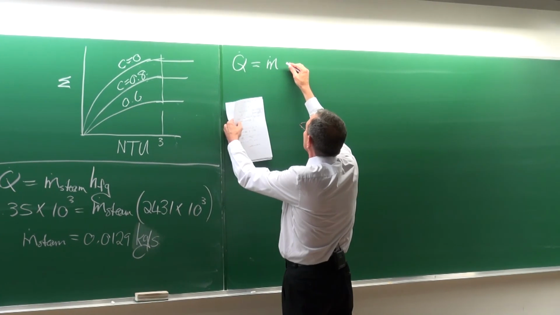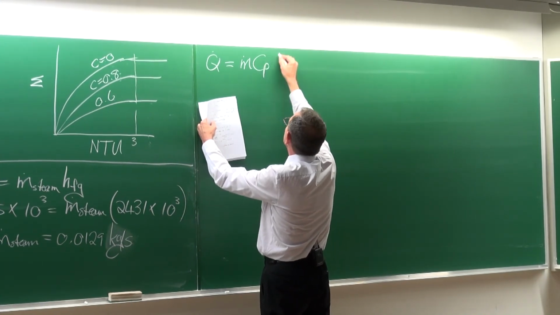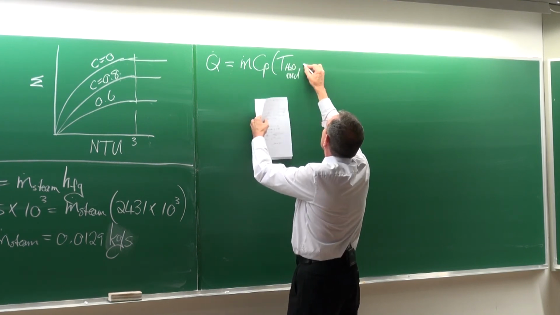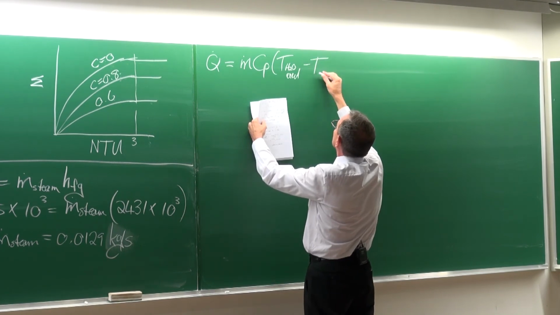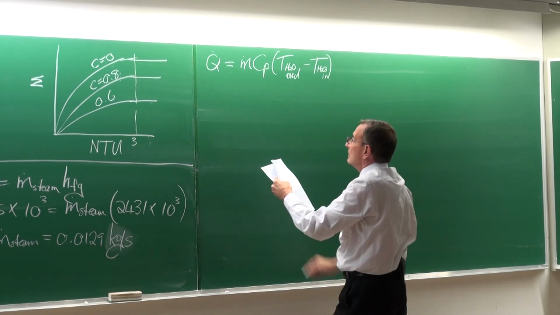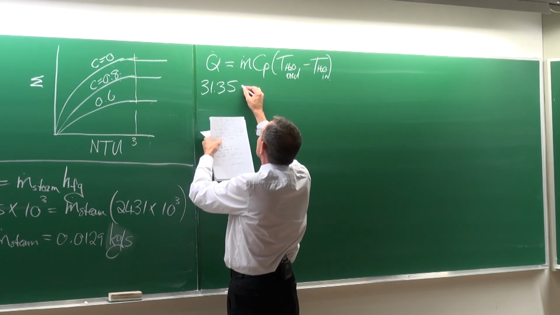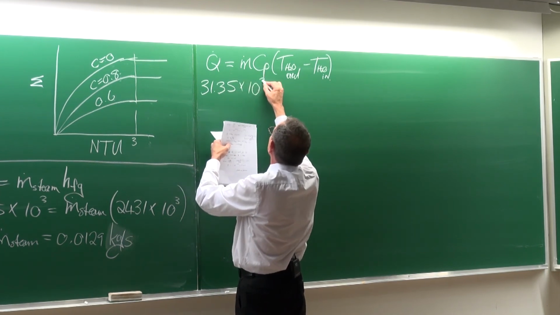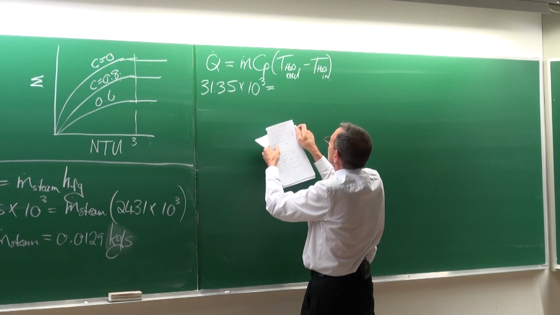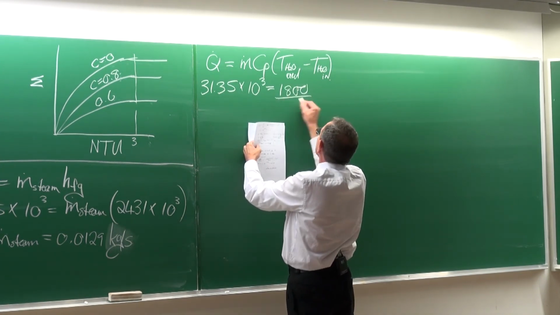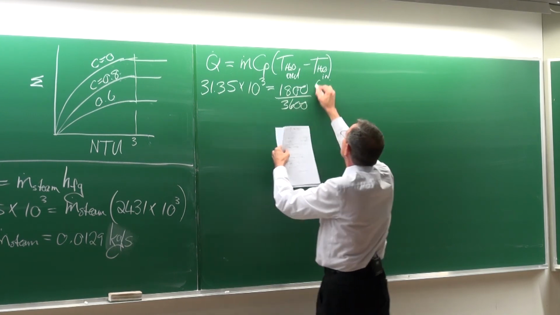And then lastly, let's go and check the outlet temperature of the water. The heat transfer rate of the water would be m dot Cp, and then it would be the water outlet temperature minus the water inlet temperature. We've got the heat transfer rate is 31.35 multiplied by 10 to the 3 is equal to the mass flow rate is 1,800 divided by 3,600.